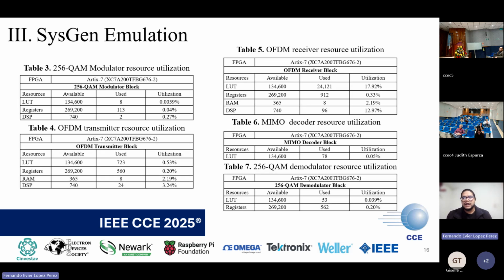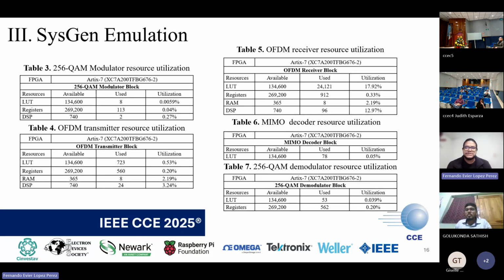We can also see the utilization of each of the blocks that make up the system. Essentially, almost all the blocks use less than 1% of the available resources. An exception is the receiver block, which is shown in table 5.